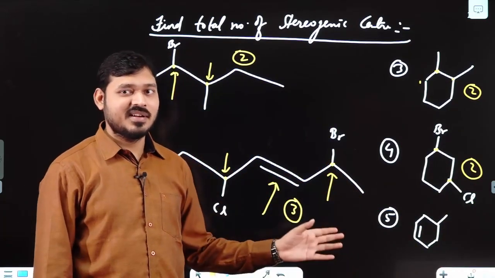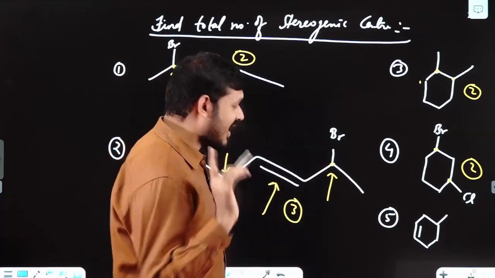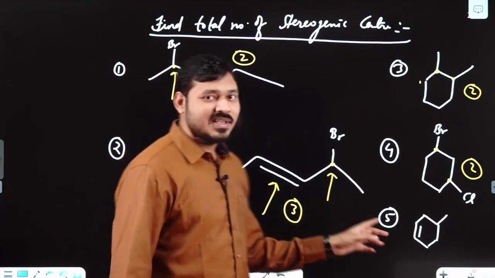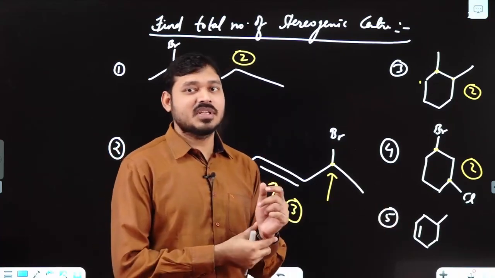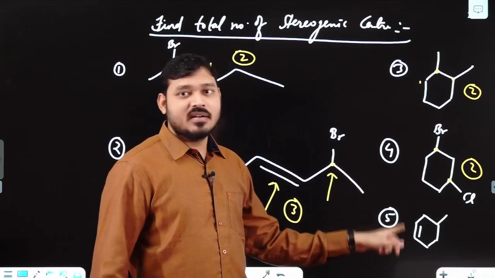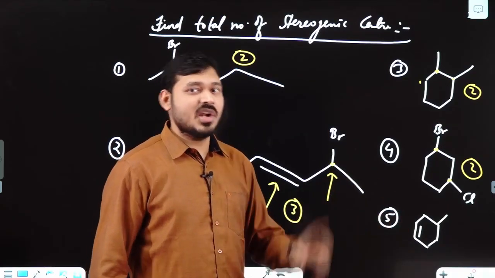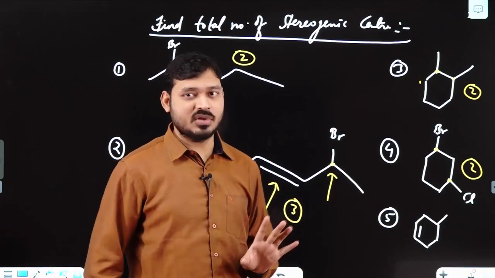Now check this one. I think you have done this. So let's check whether you have done it correctly or not, because it is a case where most students have doubts. Why? Because in this ring, as it is a 6-membered ring, this pi bond cannot contribute in geometrical isomerism.